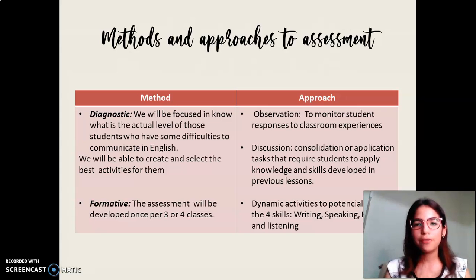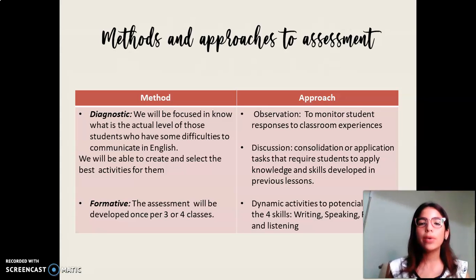Regarding the approach, we have the observation, where we monitor the students' response to classroom experience. Then we have the discussion, which is the consolidation or application task that requires students to apply knowledge and skills developed in previous lessons.